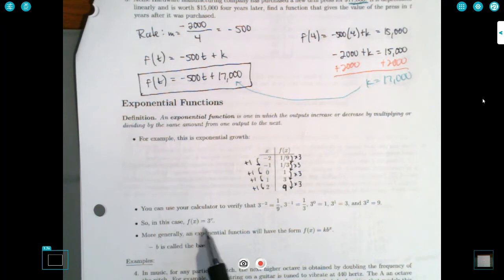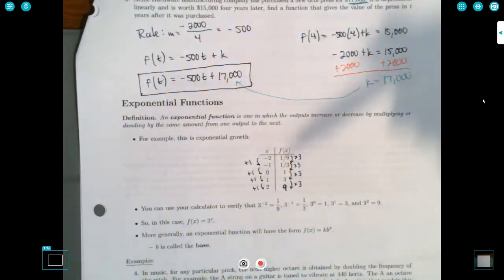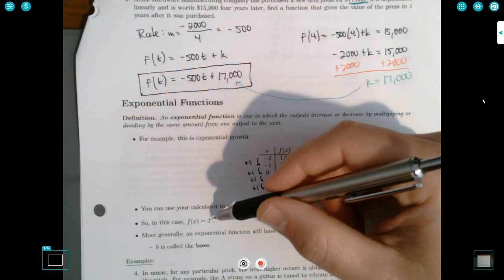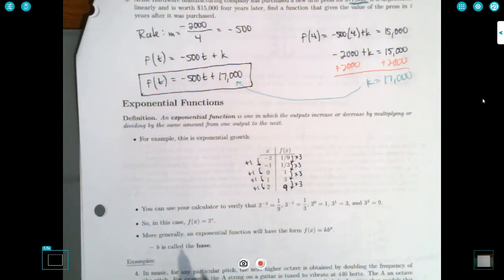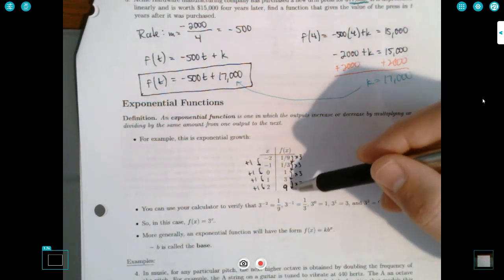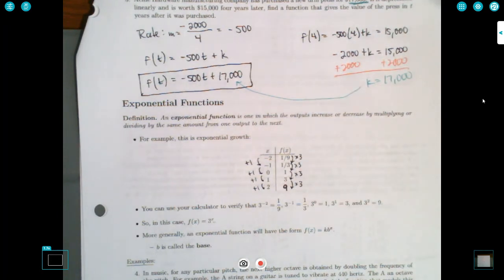So this is what exponential functions end up looking like. They're called exponential because the variable is in the exponent. So more generally, an exponential function will have the form f of x equals k times b to the x. And b is called the base. So this number that you're multiplying or dividing by each time, that's called the base.